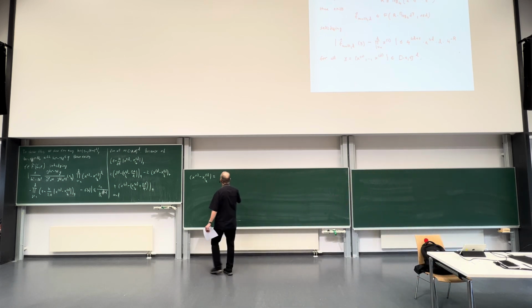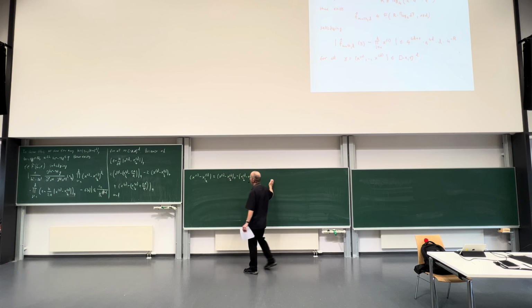So I compute this one by (x_i - x_{i,k})_+ minus (x_{i,k} - x_i)_+. You have this one.